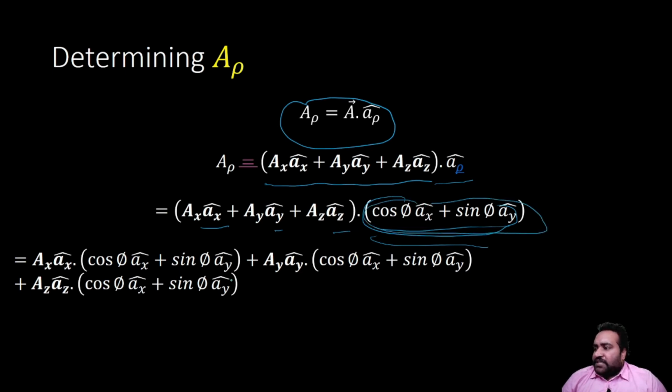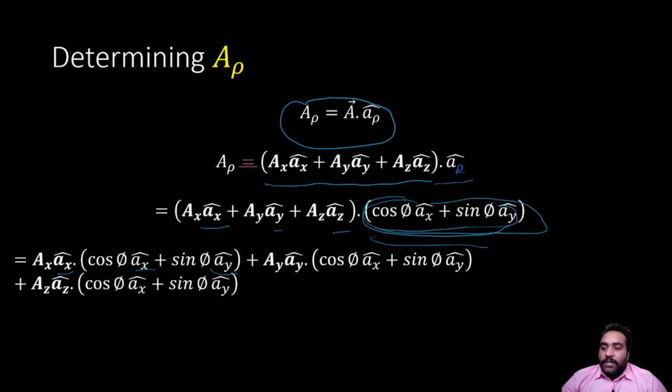After this operation, I apply one more distributive property, where ax cap dotted with ax cap would give me 1, whereas ax cap dotted with ay cap would give me 0, because ax cap, ay cap, and az cap are an orthonormal set.